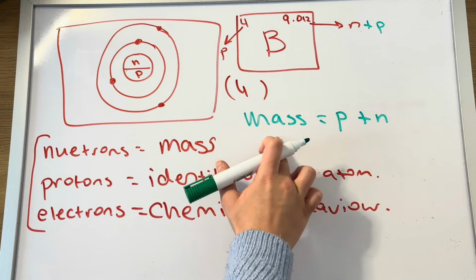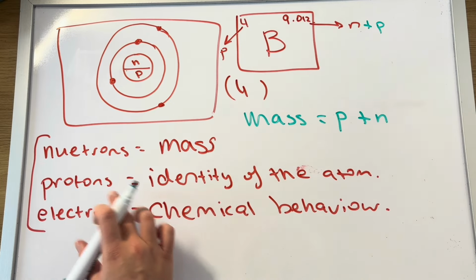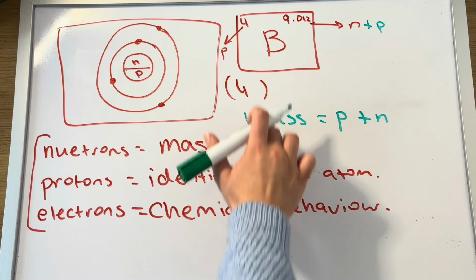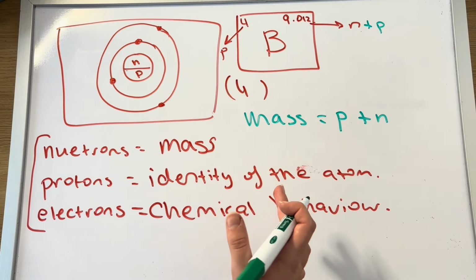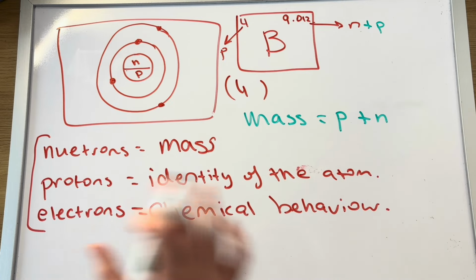So, for example, if the neutrons are 6 and the protons are 6, that means the mass of the element will be 12. And don't mix this up with the charges. The charges and the number are completely different.